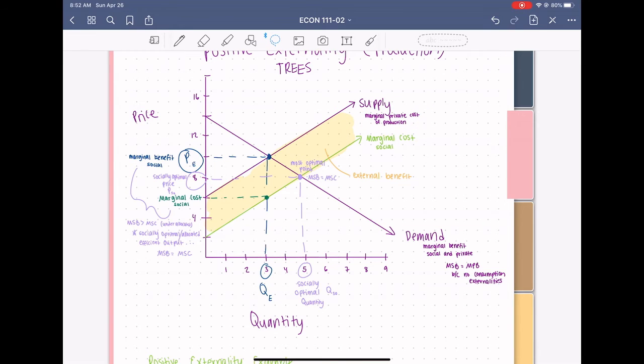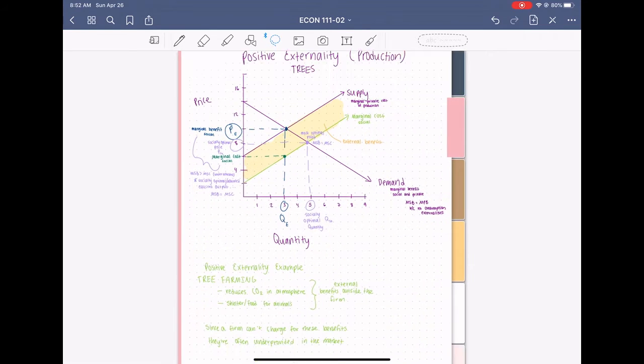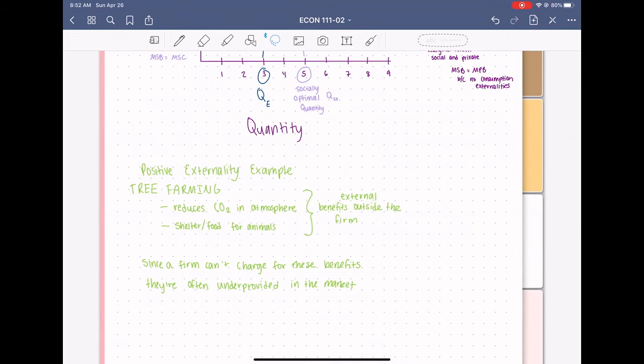Anyway, with the benefits of positive externality, we're using tree farming as the example. So some of the benefits are it reduces CO2 in the atmosphere, and provides shelter for food and animals. So these are benefits outside of the firm. So because the firm can't charge for these benefits, they're often underprovided in the market.